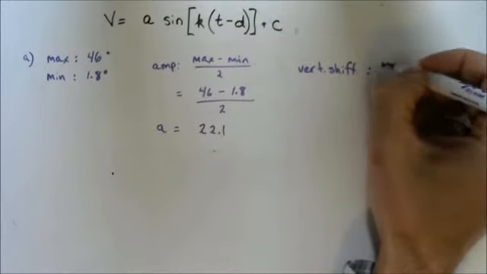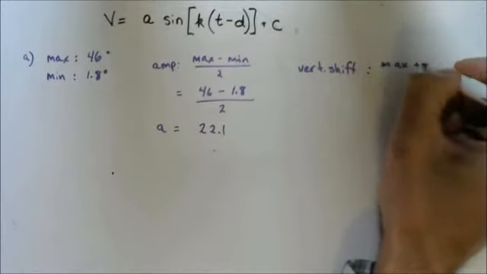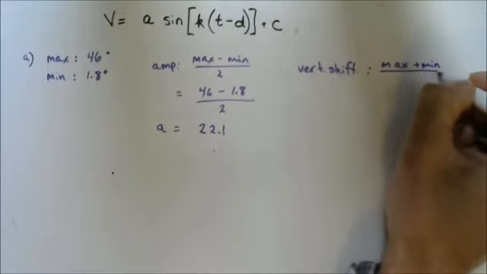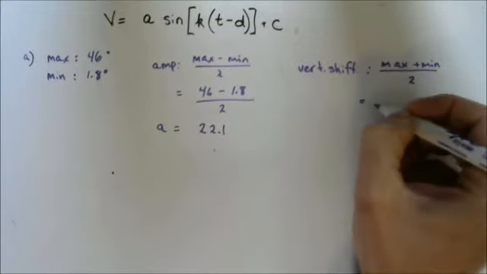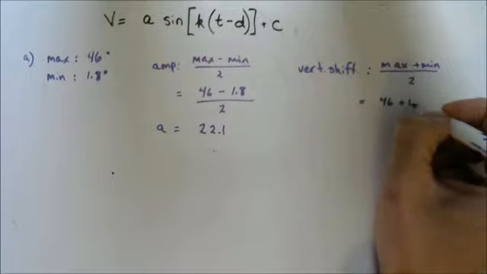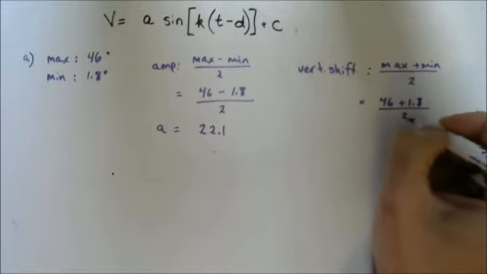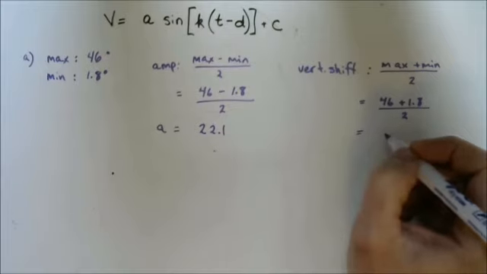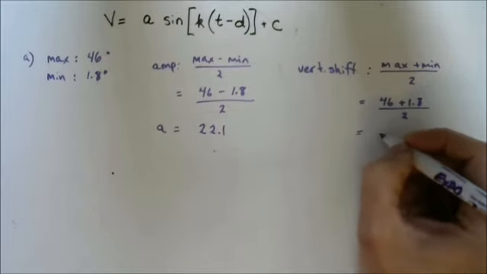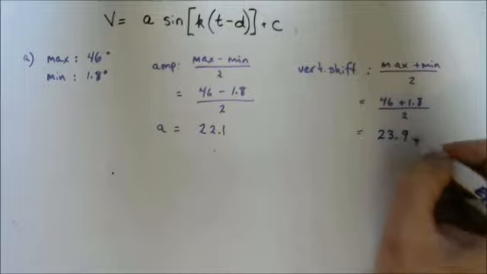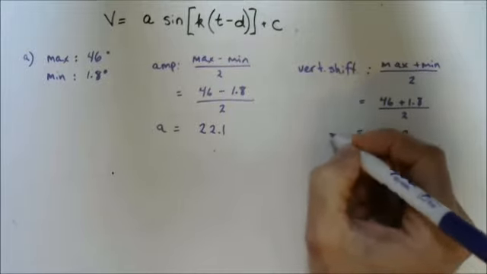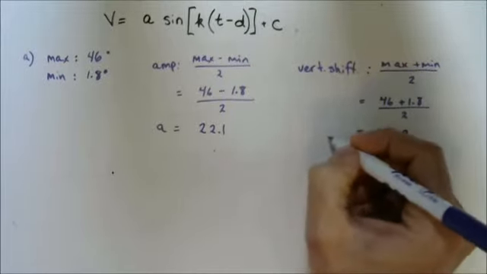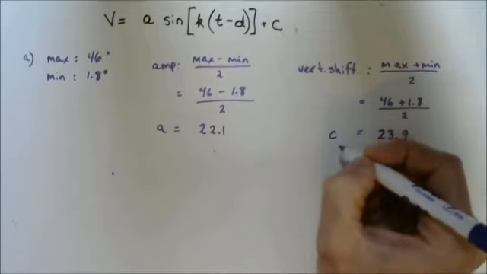So that's taking the max plus the min divided by 2, which is 46 plus 1.8 over 2, which is 47.8 divided by 2, which is 23.9. So this is our new rest. We have a rest here, which is also going to be the value of C.